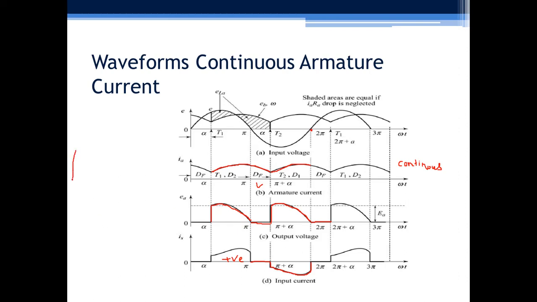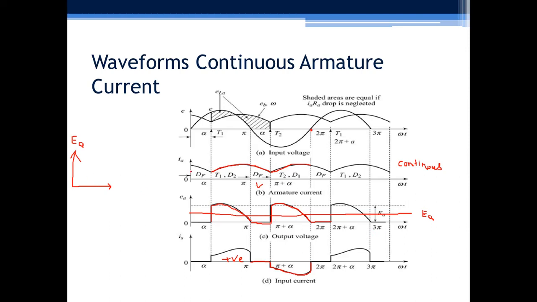And if we find the average value of this output voltage and current, and draw this one quadrant graph, you can see that average output voltage will be positive here, somewhere here. Capital EA indicates average value and small ea indicates instantaneous value.